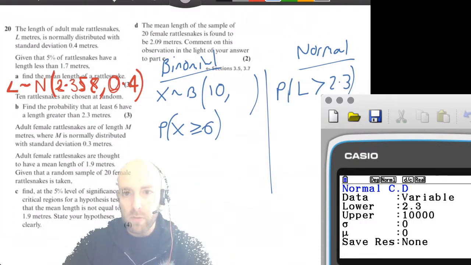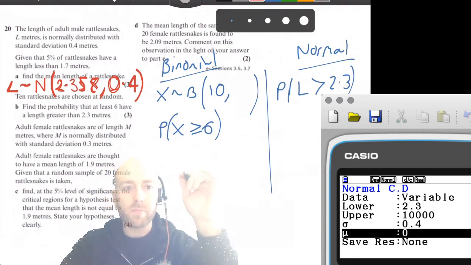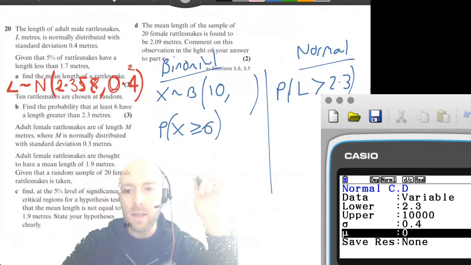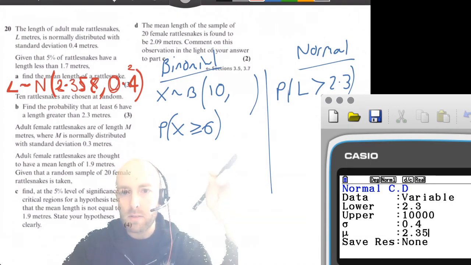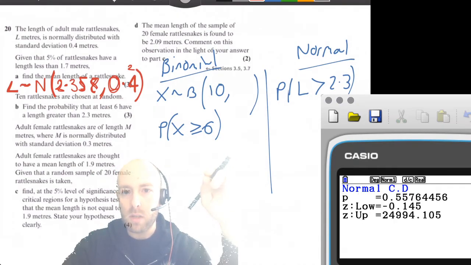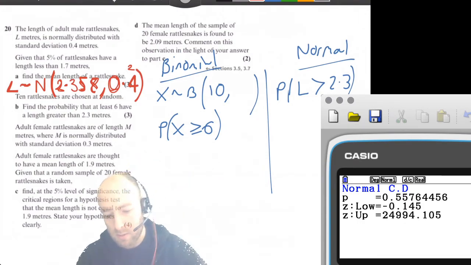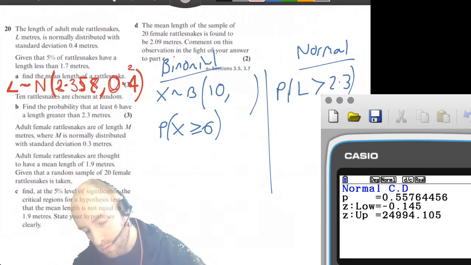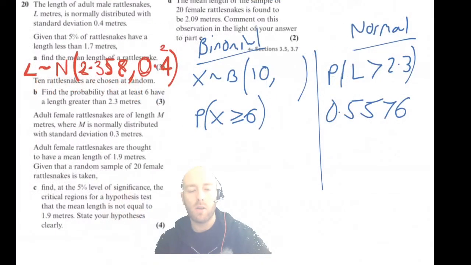Sigma 0.4. I should have written squared actually earlier. That should be squared. And the mean is 2.358. Cool. So that gives me a probability of 0.5576. And that is the probability that we're going to use for our binomial.